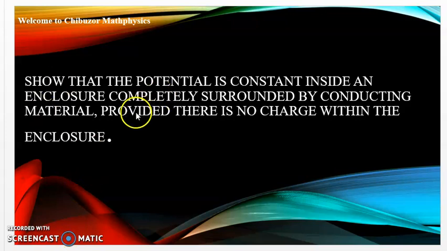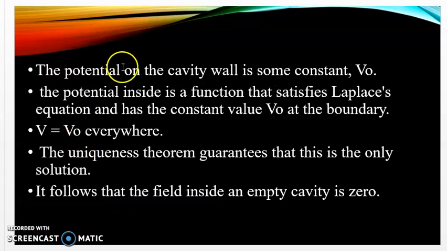For us to prove that the potential is constant inside an enclosure, we need some things. The potential on the cavity wall is some constant V naught, and you must pay attention to this, because according to the boundary theorem, V must be equal to V naught everywhere.